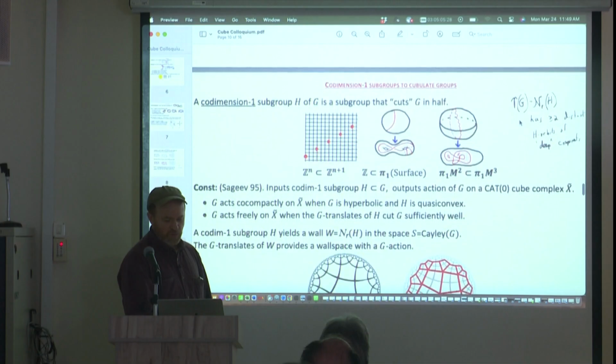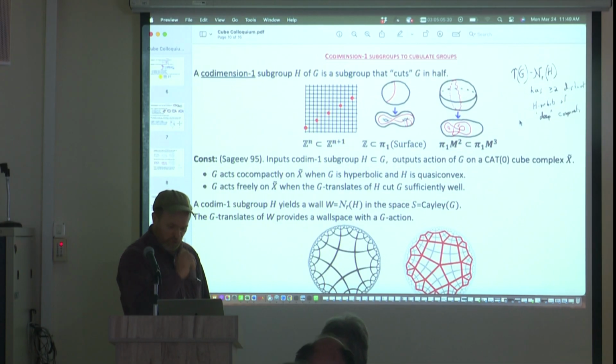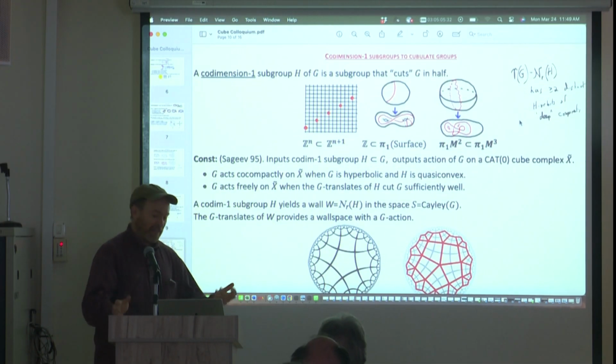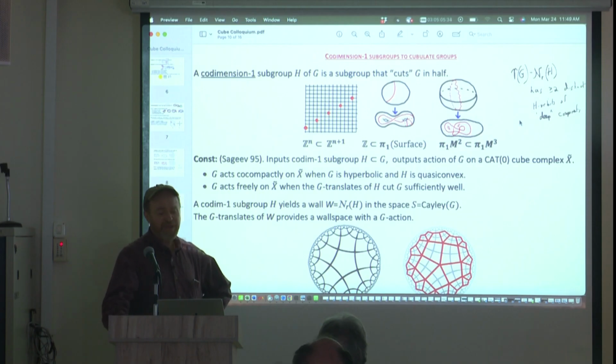All right, so to quickly tell you, Micha's PhD thesis is so important for me, I need to tell you a little more about it. Here it is. So what is a codimension 1 subgroup? I told you earlier, it's a subgroup that cuts the group in half. It cuts the Cayley graph in half, right?